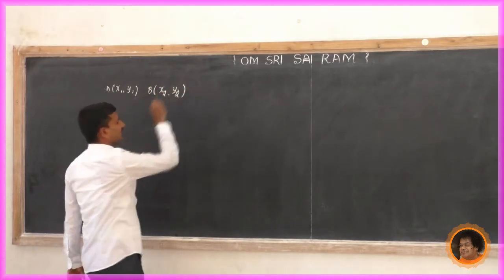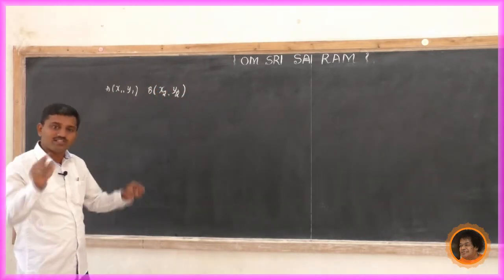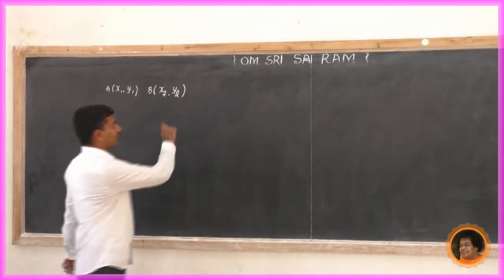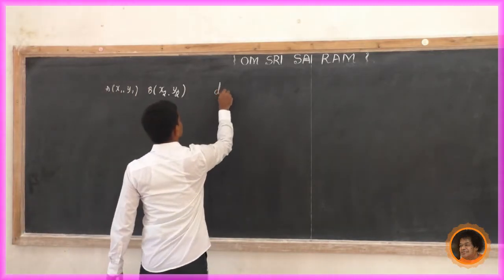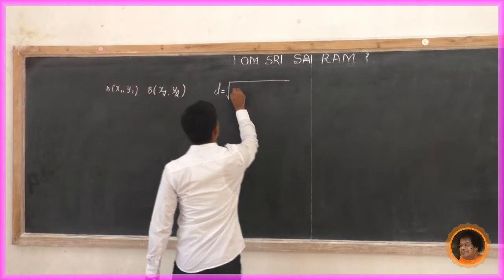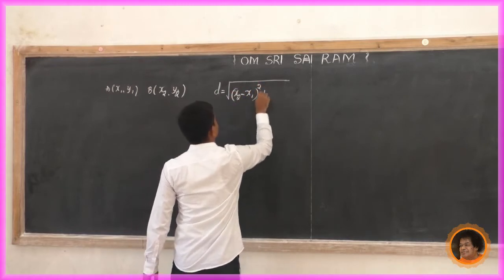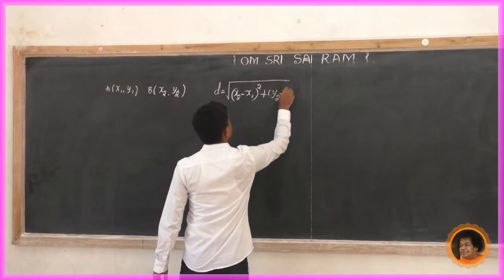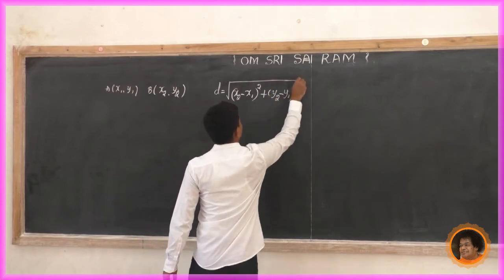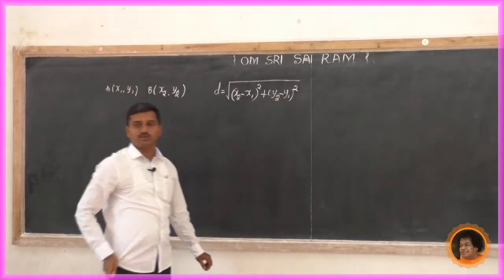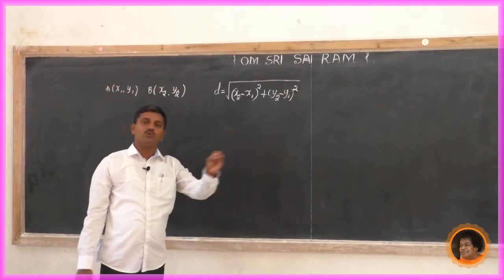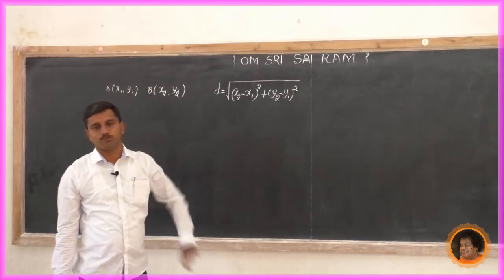The distance between these two points is d equal to square root of (x2 minus x1) whole square plus (y2 minus y1) whole square. This formula is known as the distance formula. By this formula we can find the distance between any two points.